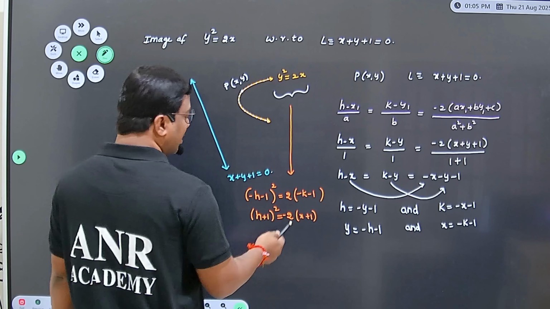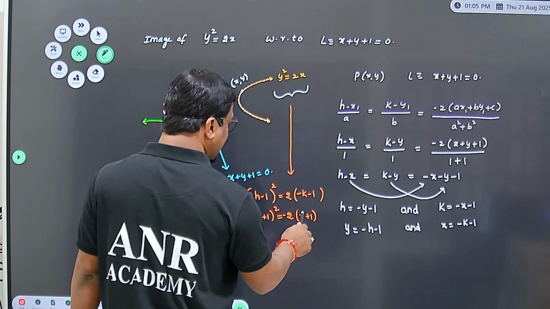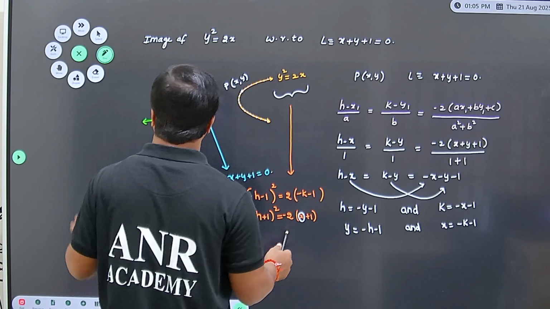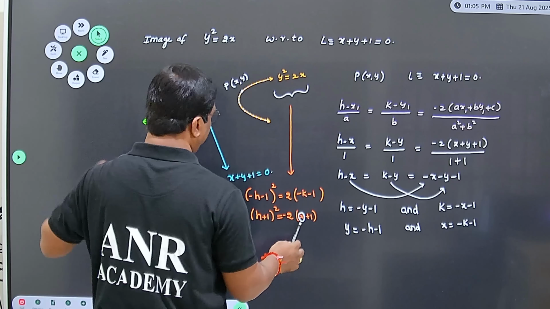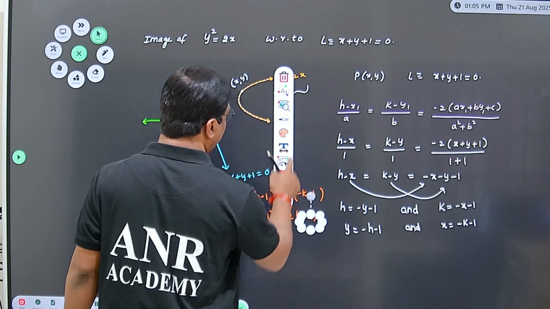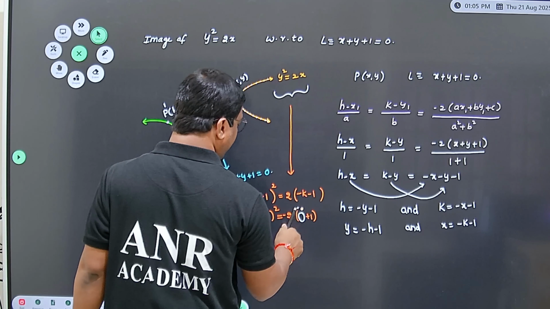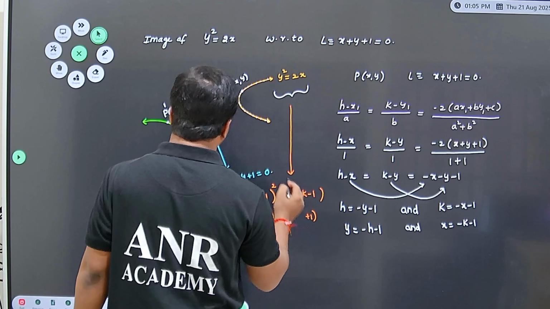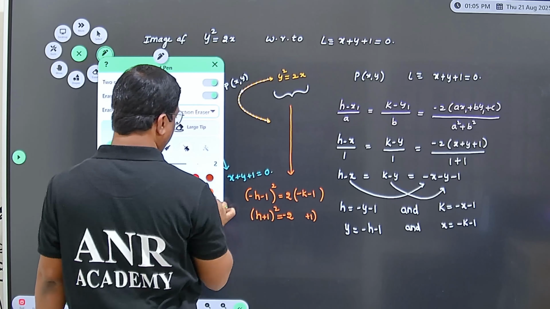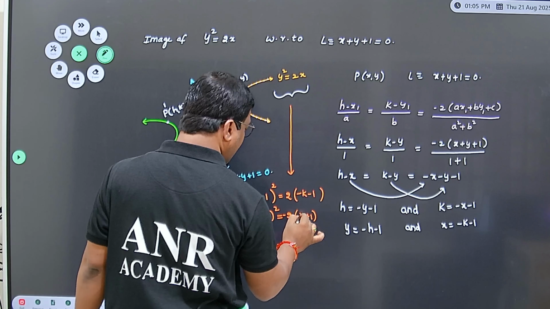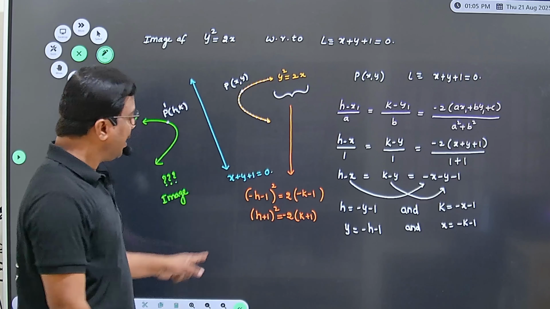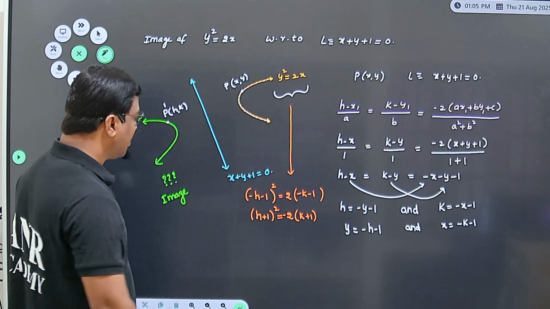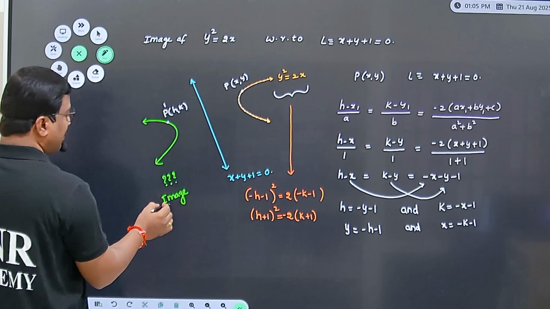Here this one is not x, this is k. Finally we got a relation in terms of h comma k, that is the image curve.